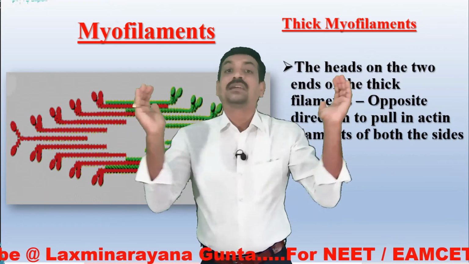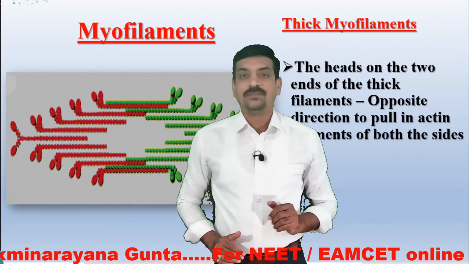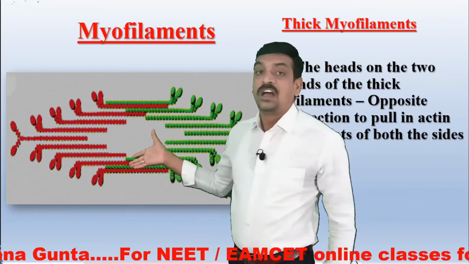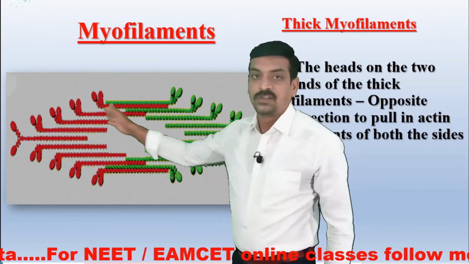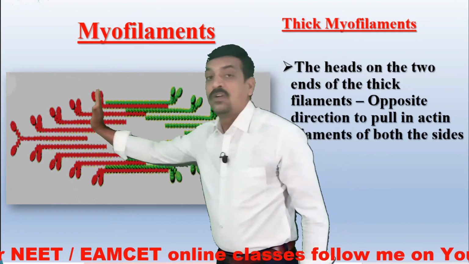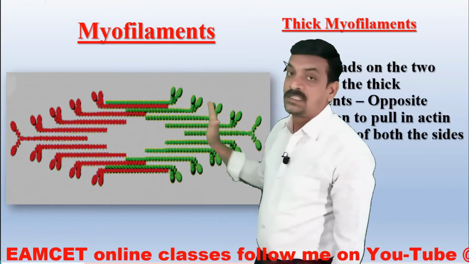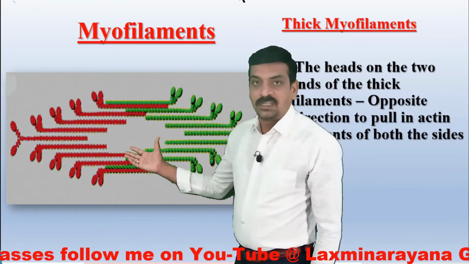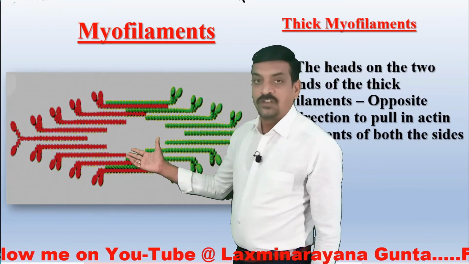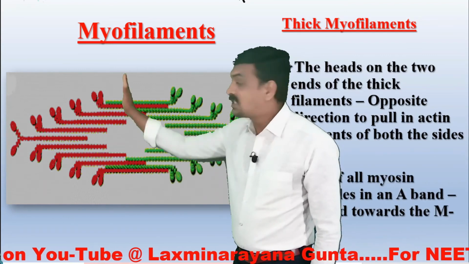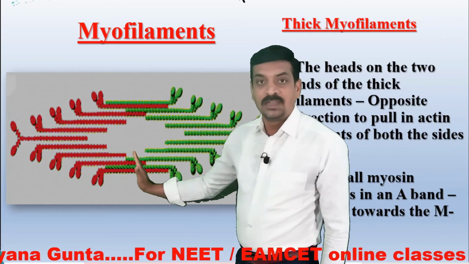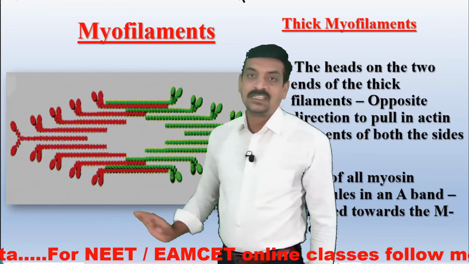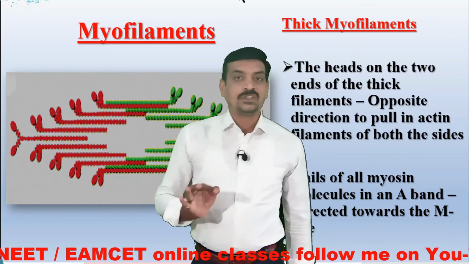That's why the contraction occurs. This is the arrangement of thick filaments and the heads. Half of the heads are on one side, and the remaining half are on the opposite side. All the tails of the myosin filaments are arranged towards the M line. M line is the center line. This is all about the structure of a muscle.